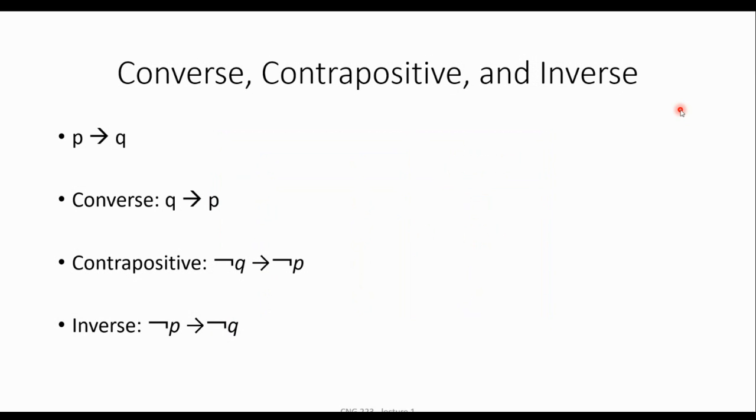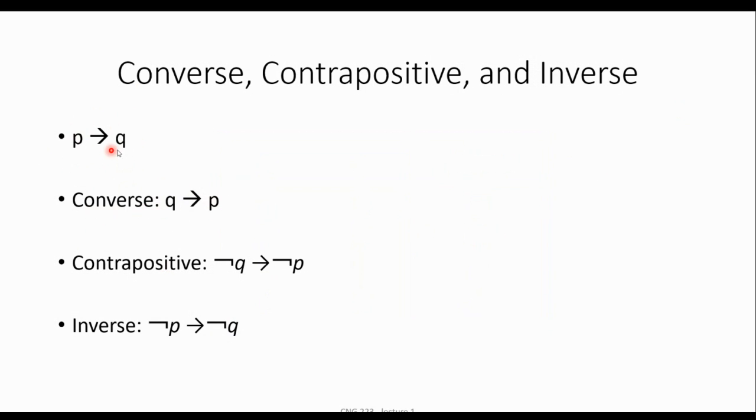Right, there are some terms that we should know, like converse, contrapositive, and inverse. Assume that we have such an implication: P implies Q. You already know about it now. If we talk about the converse of this implication, it means that we interchange the place of Q with P. You see, Q implies P. This is what we call converse.